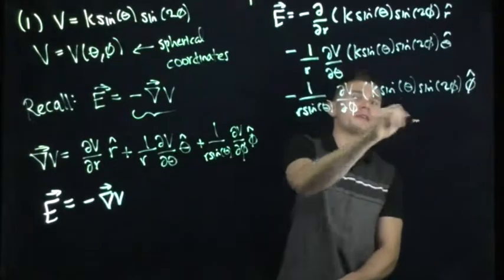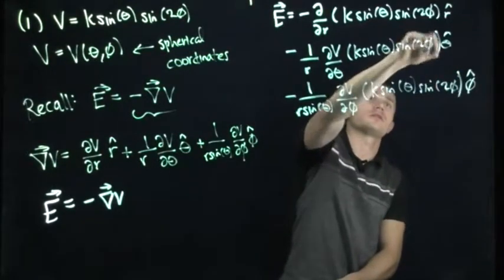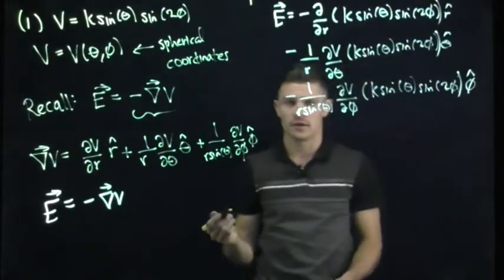So now we simply need to take these derivatives in these coordinates, and that'll give us our electric field.